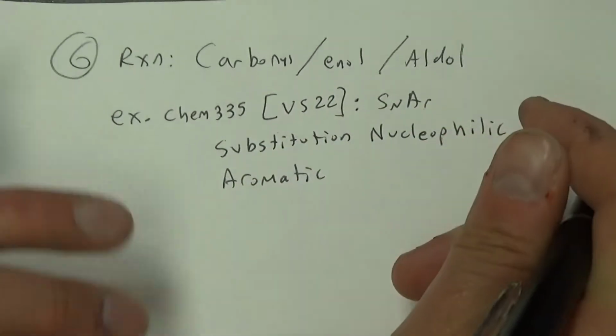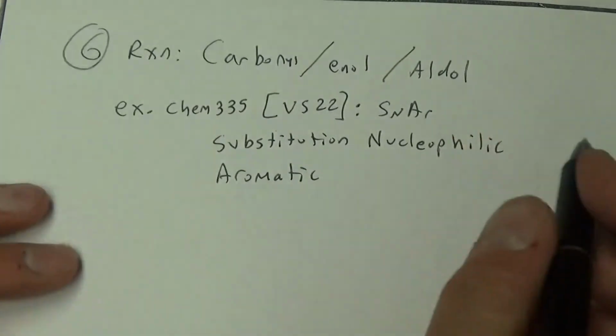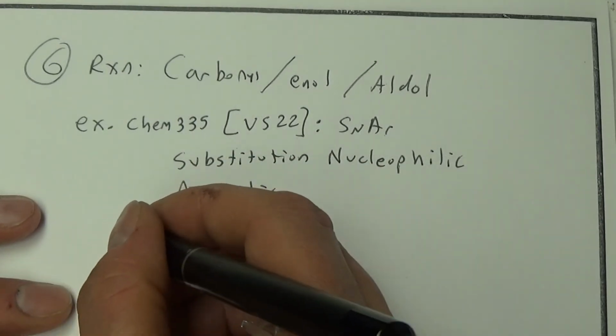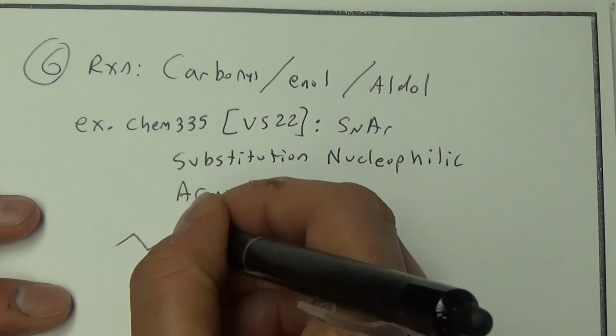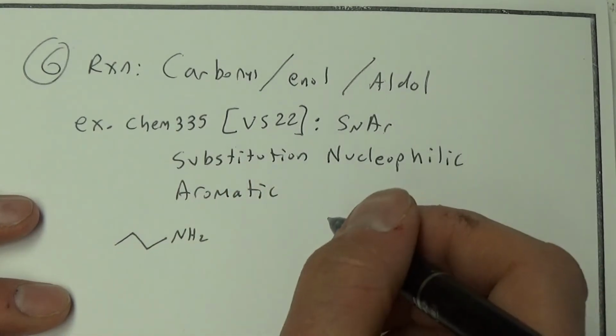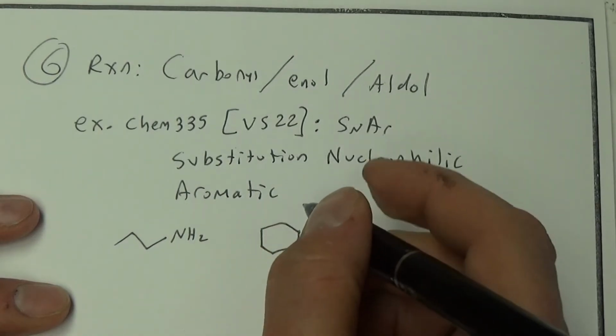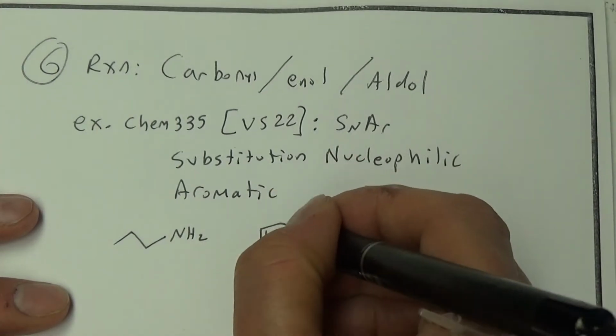Okay, so the classic example of an SNAr reaction that we always teach in organic chemistry has an NH2, which is a nucleophile. And I have a molecule that looks like this.